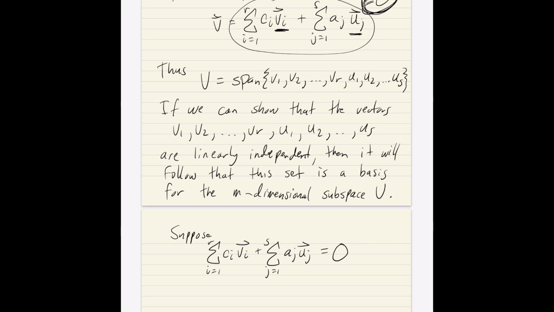And in order to show that the vectors are linearly independent, we have to show that all the ci's and the aj's must be 0. That's the definition of a linearly independent set.